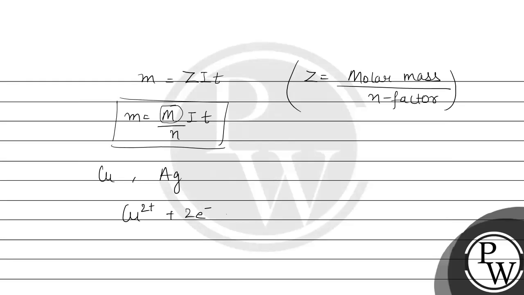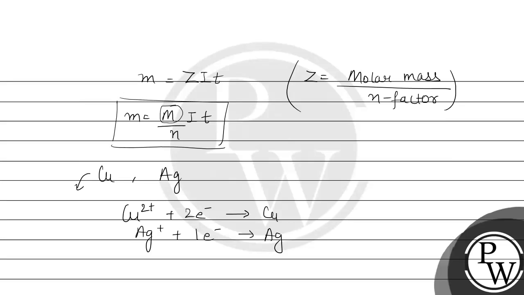So the n factor is 2 for copper and 1 for silver, and both have different molar masses.